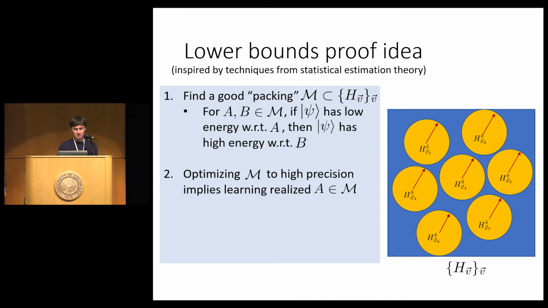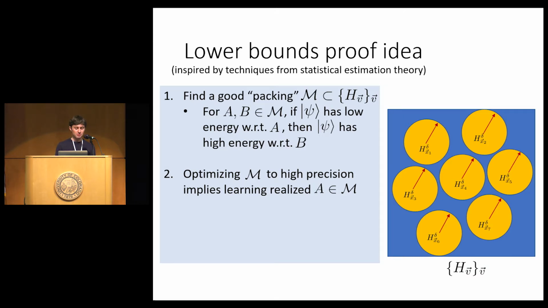And right, so we actually prove our lower bound with respect to this family. The reason this is useful is that if we optimize any Hamiltonian in this family to high precision with our algorithm, because of this packing property, that will imply that we can actually learn the Hamiltonian that was realized.